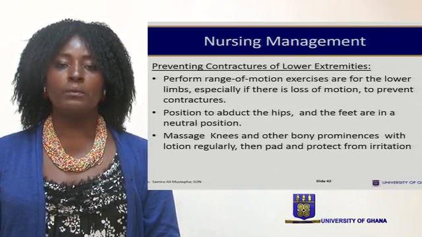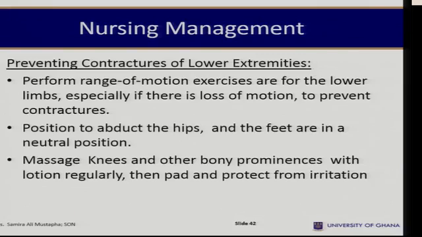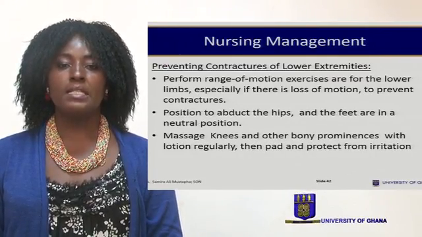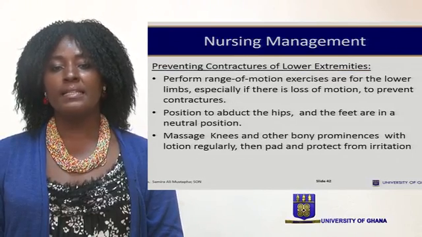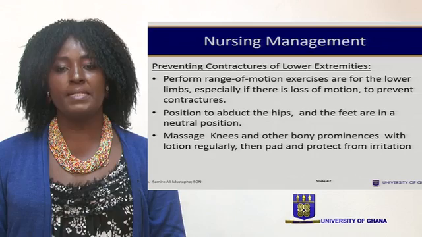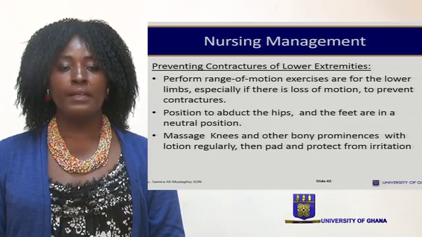And also we need to prevent contractures of the lower extremities. So there is a need to teach mothers, and also involve the physiotherapists to help us with range of motion exercises of the lower extremities, especially where there is loss of function or paralysis, so we prevent contractures.